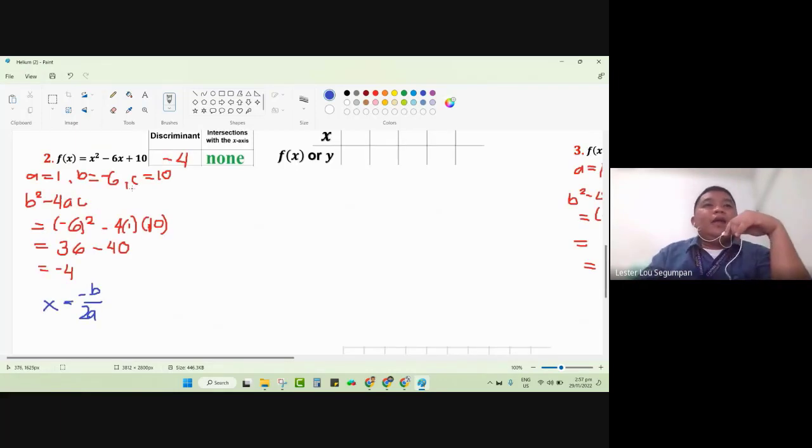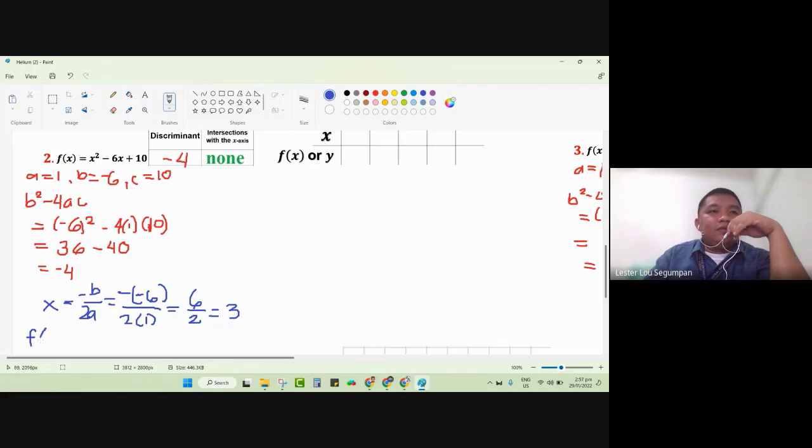Okay. Our b is negative 6, so we'll have the negative of negative 6 over 2 times 1. This will give you a value of positive 6 over 2 and will give you 3 for your x coordinate of your vertex.